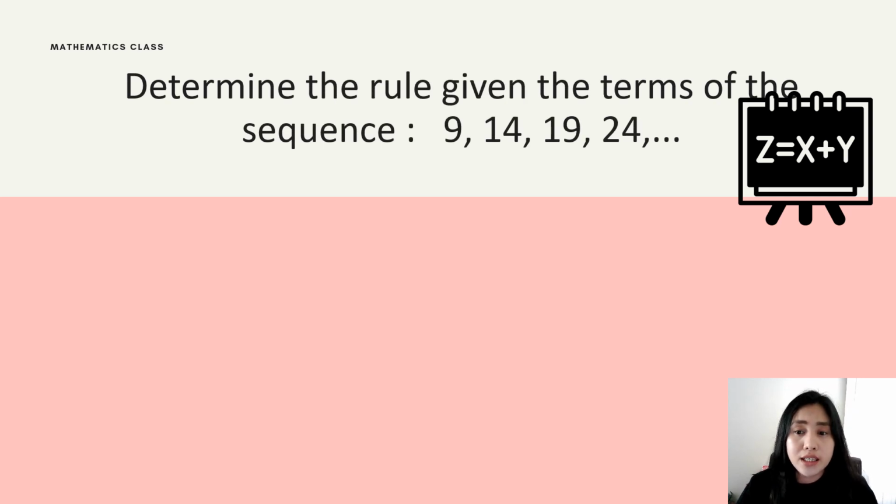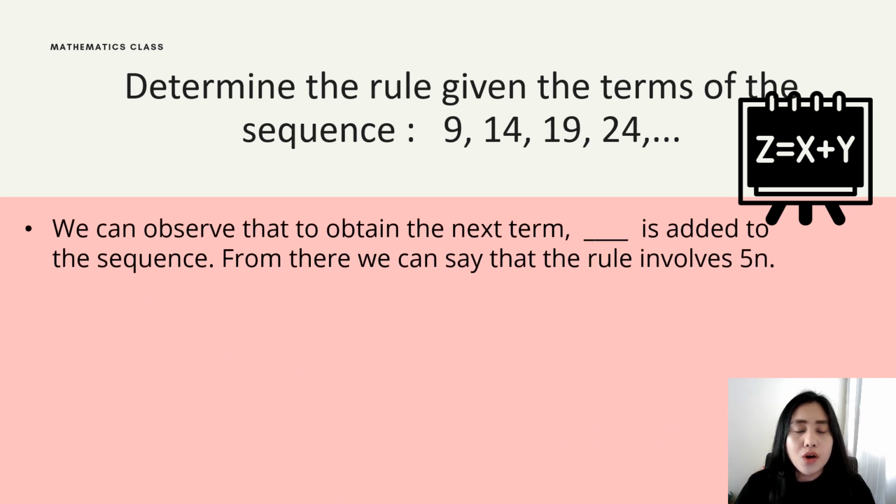Determine the rule given the terms of the sequence 9, 14, 19, and 24. So ngayon, ang ating kailangang mahanap o maipalabas ay yung rule mismo. Paano? Una, tingnan natin kung anong pattern ang nagaganap sa bawat element.